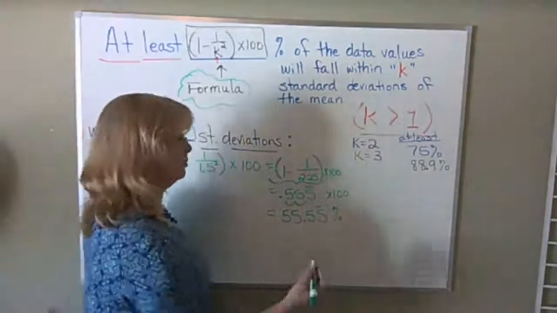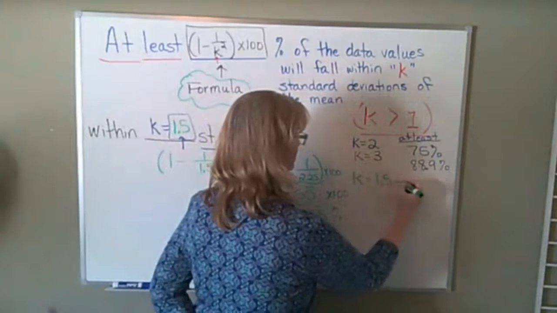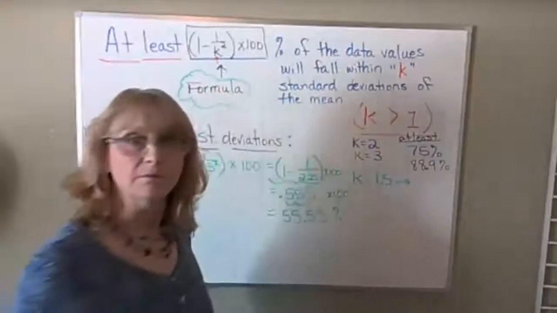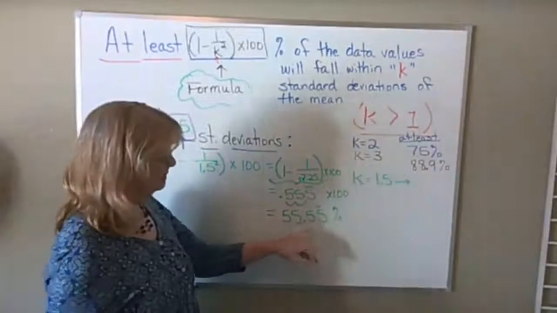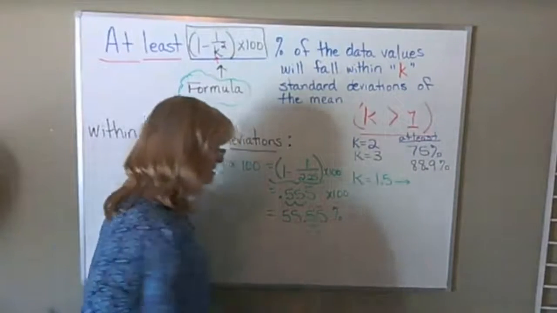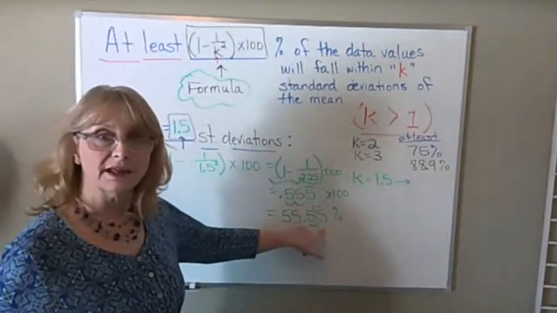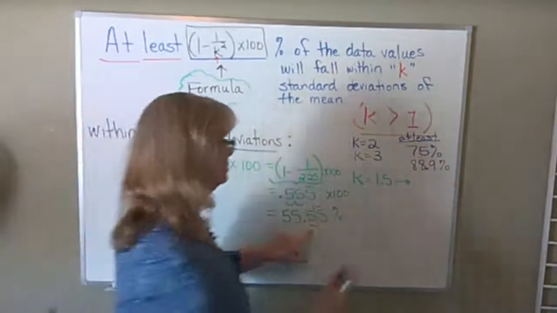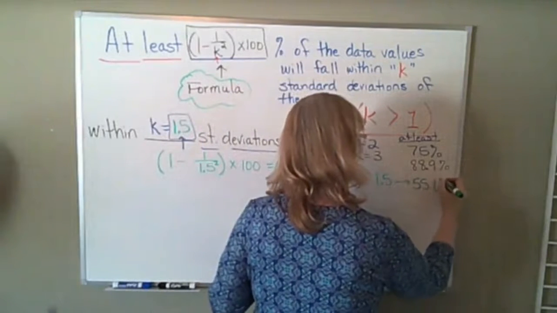Okay, and if I wanted to round, so I did k equals 1.5. And what I got for the minimum, or the at least percent, was 55 point. If I wanted to round to the nearest tenth, that number in the hundredths place is 5 or bigger, so I'd round this up and it would be 55.6%.